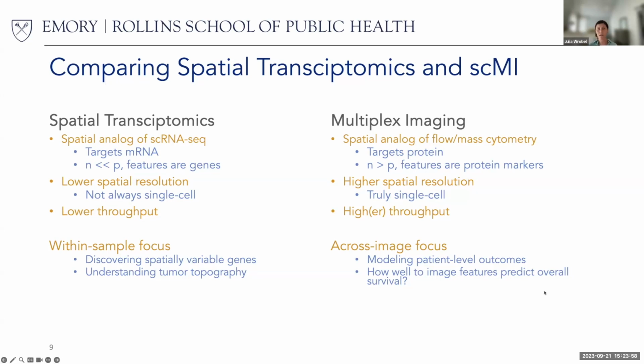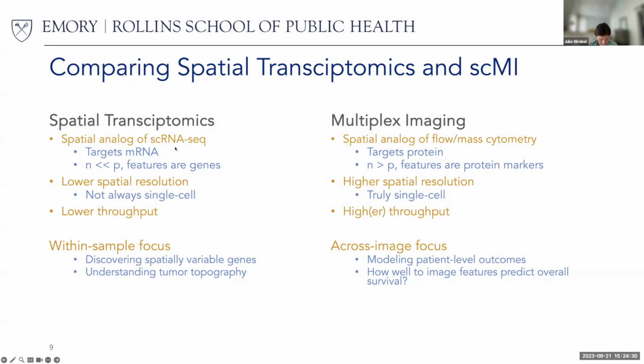Both spatial transcriptomics and multiplex imaging are ways of getting spatial, single cell resolution information about tissue samples, essentially. Spatial transcriptomics is a spatial analog of single cell RNA-seq, whereas multiplex imaging is a spatial analog of something called flow or mass cytometry. Multiplex imaging targets proteins, while spatial transcriptomics targets mRNA.